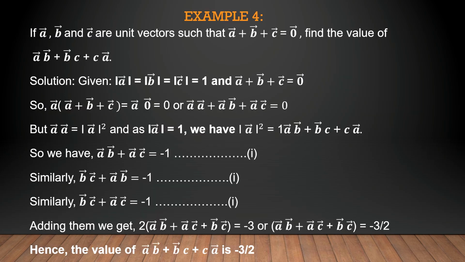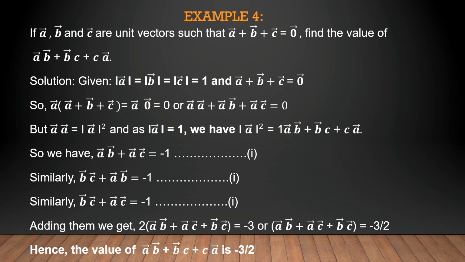In the next example, if A, B and C are unit vectors such that vector A plus vector B plus vector C is the zero vector, then find the value of A·B plus B·C plus C·A. Now you're given that A, B, C are unit vectors, so the magnitude of each of these vectors is 1. Also, it is given that A plus B plus C is the zero vector.